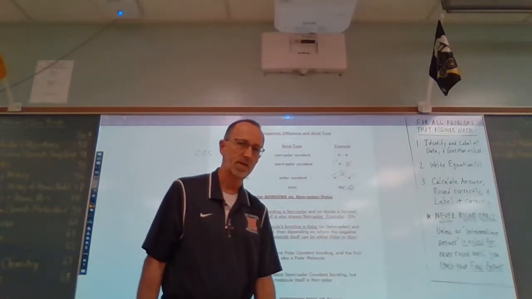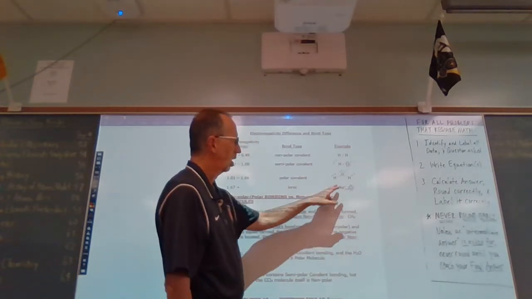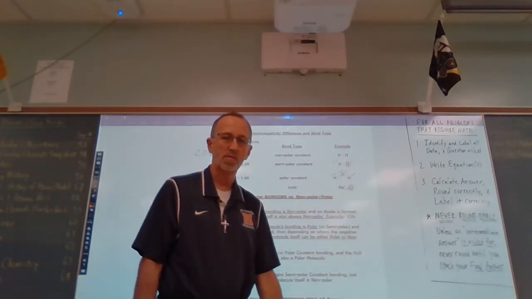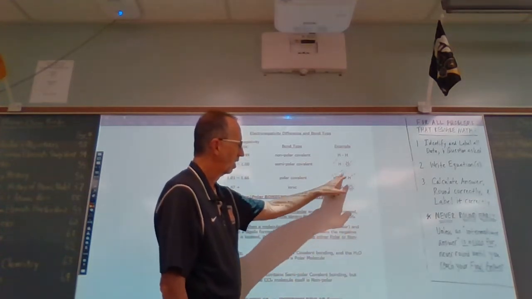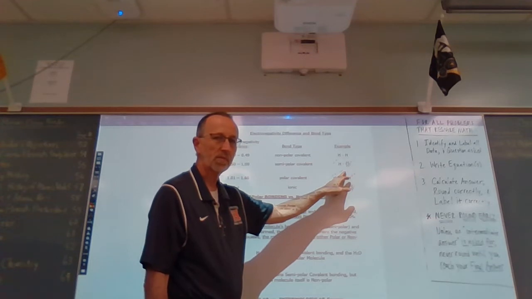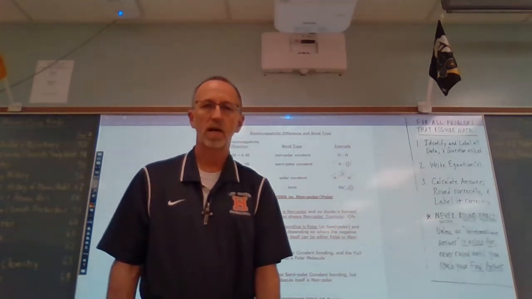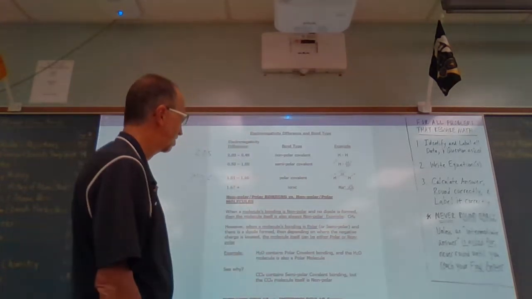Water is an example of a polar molecule, a polar covalent bonded molecule. And again, with oxygen being quite a bit more electronegative than hydrogen, the oxygen atom has a partial negative charge next to it, and each hydrogen atom in that molecule of water has a partially positive charge next to it.